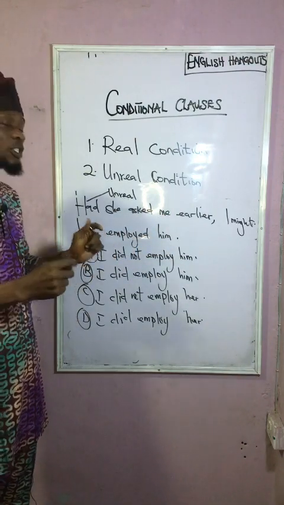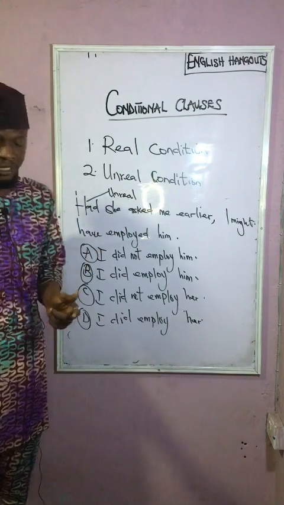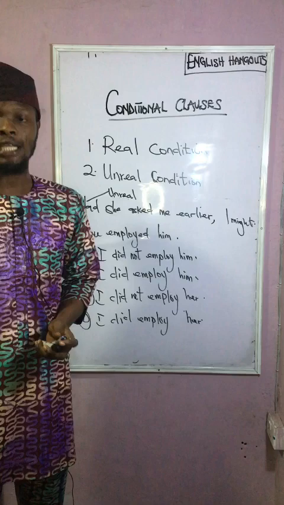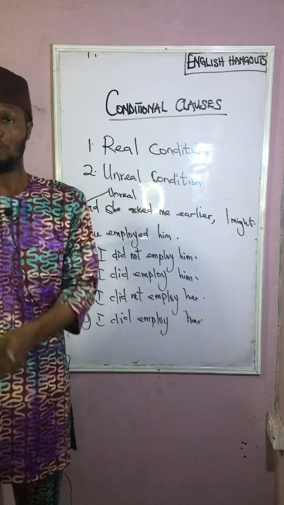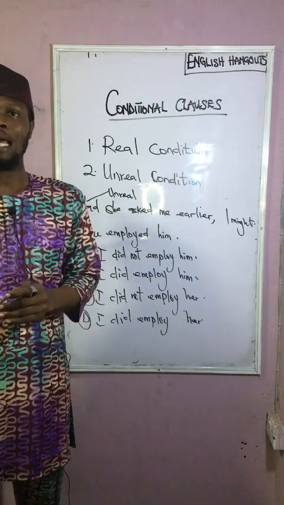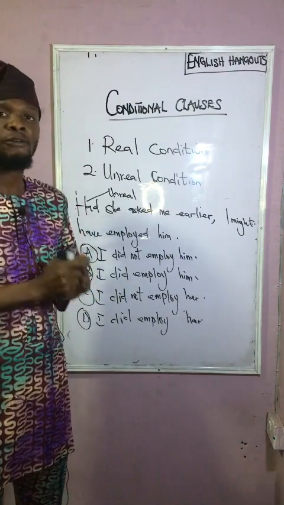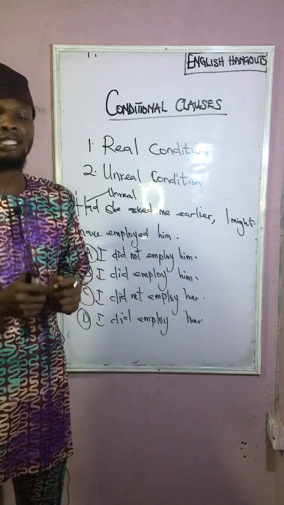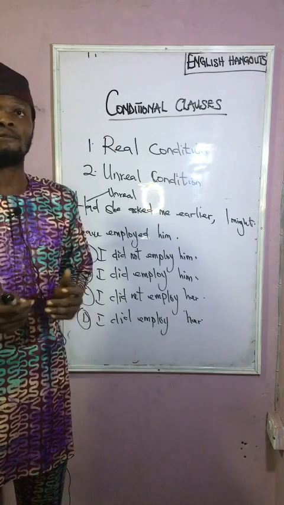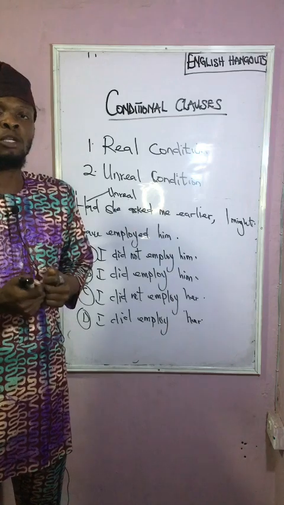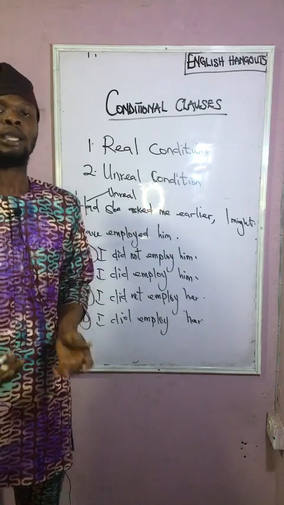Probably the subject of this sentence has a friend, and the friend has a brother. The brother is a graduate, and he asked his sister to inform her friend that if there is a need for a vacant position in the organization, he will be interested in working.